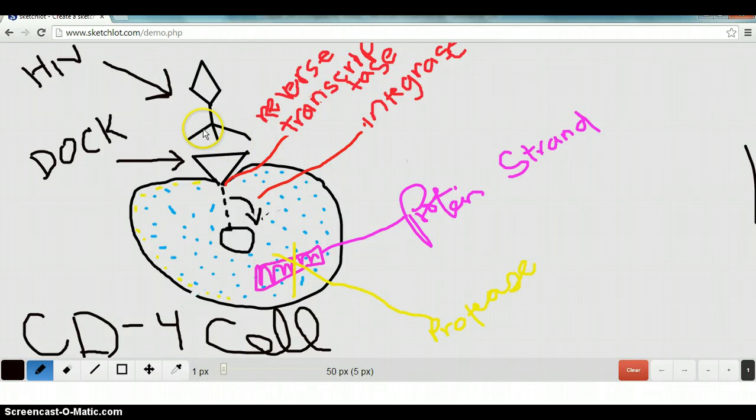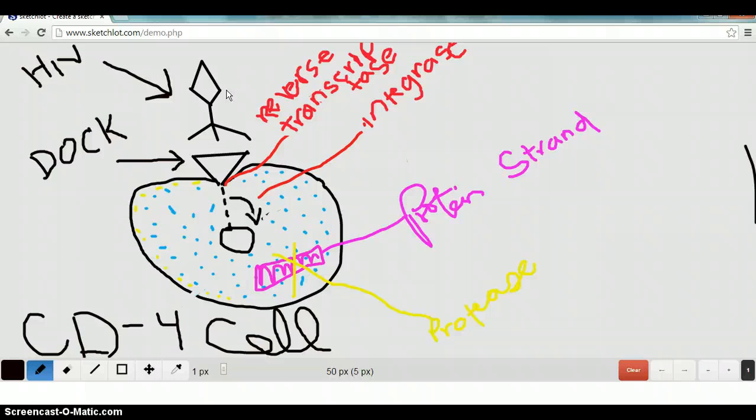Okay, so pretty much this is the actual HIV virus. It represents the picture of the virus that you saw in the beginning of the slides. And basically, everything happens in steps. HIV looks for cells that want them, that say come to me, or cells that are vulnerable to allow themselves to be infected.